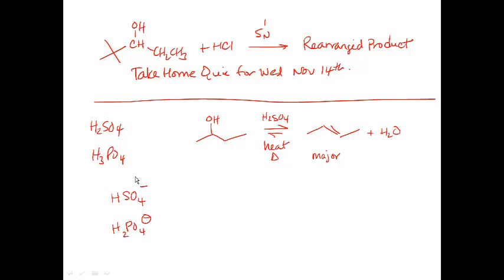So HSO4- and H2PO4-, these are both very weak bases. And so I would ask the question, well, why are they very weak bases? Can you give me an example why they're very weak bases?